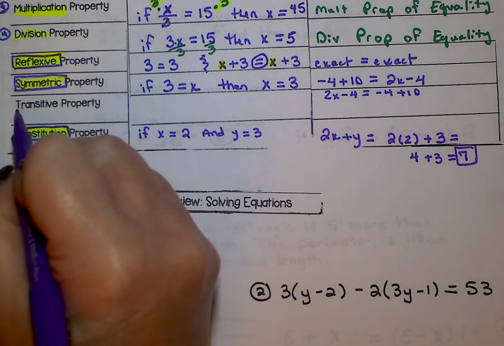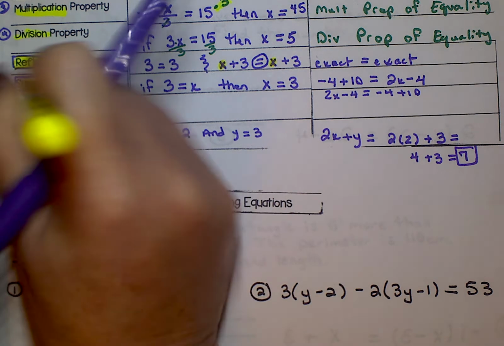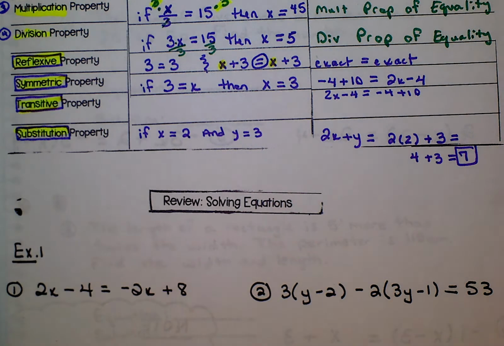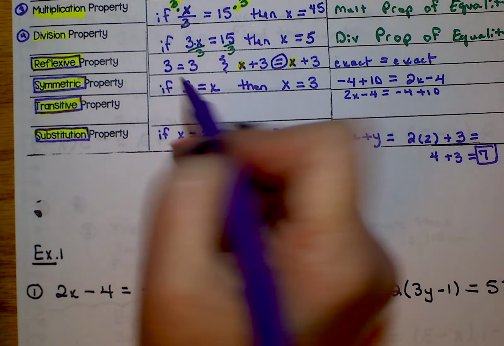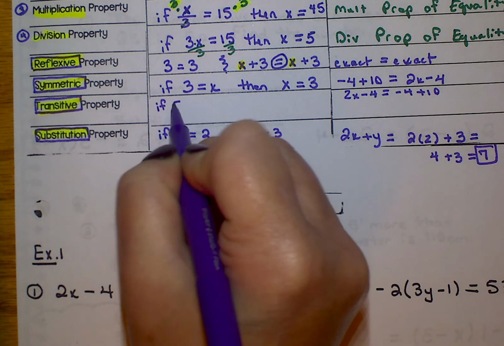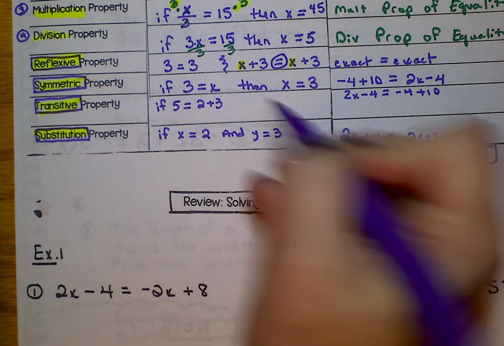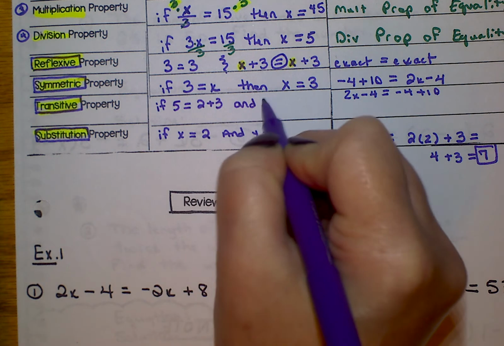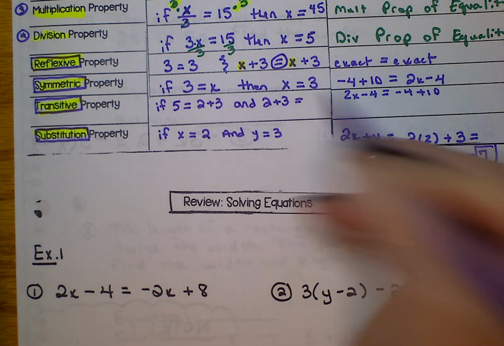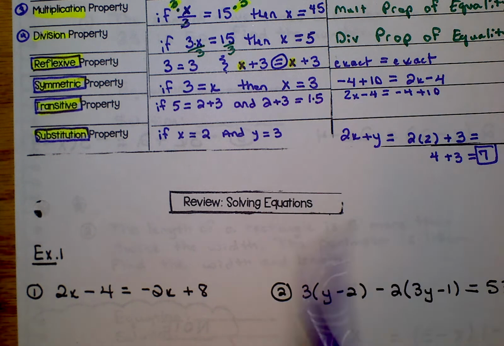Okay. Now transitive. Transitive property tells you, just say that if we had 5 equal to 2 plus 3, okay, and 2 plus 3 is also equal to 1 times 5.